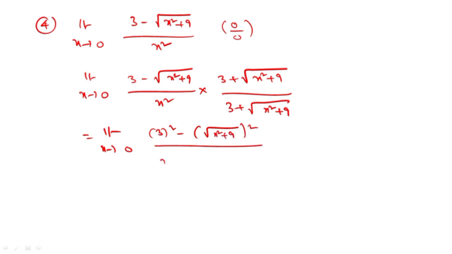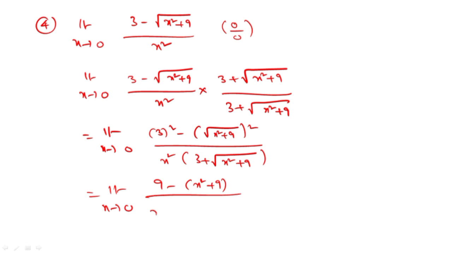In the denominator I keep it the same, 3 plus root of x square plus 9. So this will be limit x tends to 0, 9 minus x square plus 9, by x square into 3 plus root of x square plus 9.